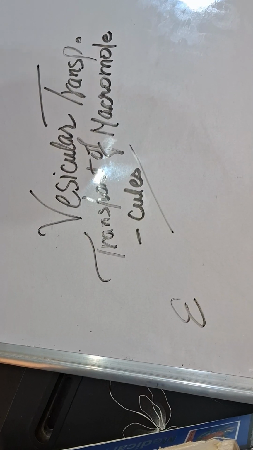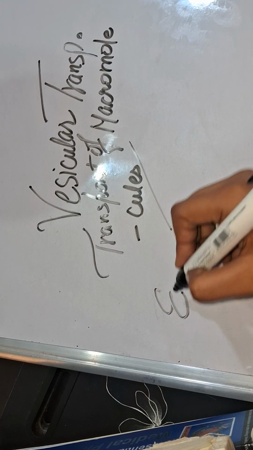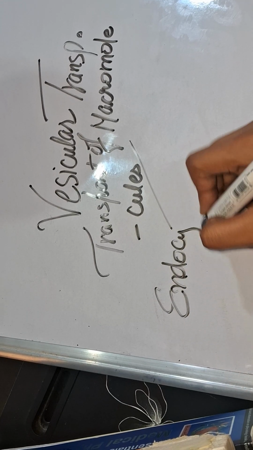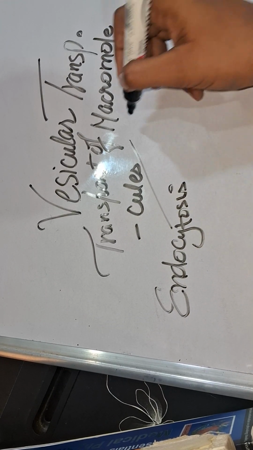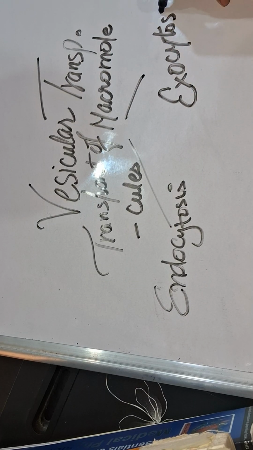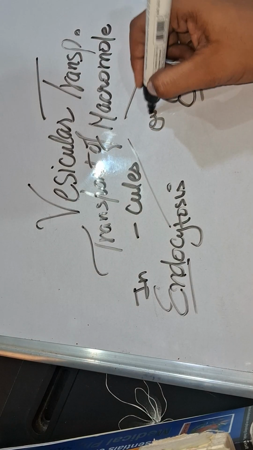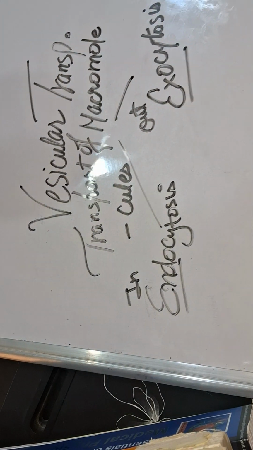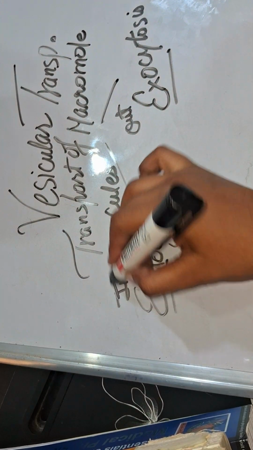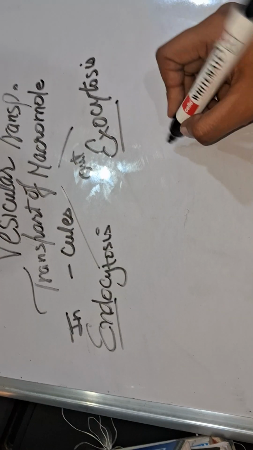These are of two types: endocytosis and exocytosis. Endo means in, exo means out. Let's see the exocytosis.